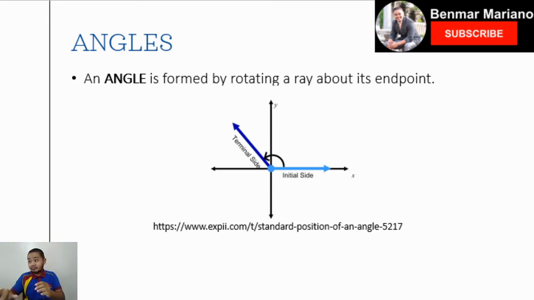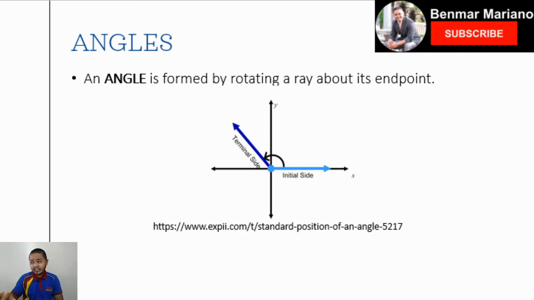As you can see, we have here the initial side. When we say initial side, it is the one that is not moving, and the terminal side is the ray that is actually rotating. Okay? So, the figure that you're seeing right now is actually an angle in its standard position. When we say an angle in standard position, it means that the vertex of the angle is on the origin of our Cartesian plane.